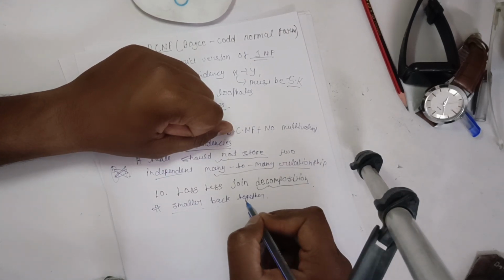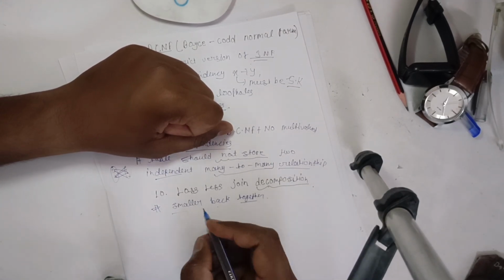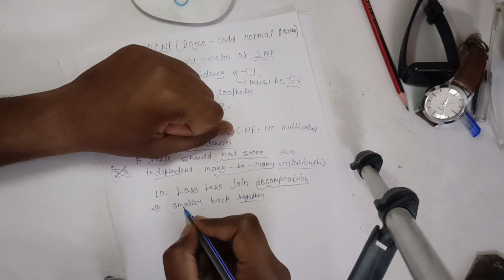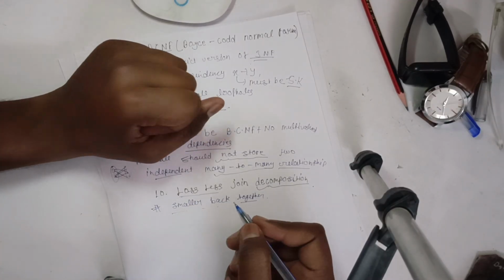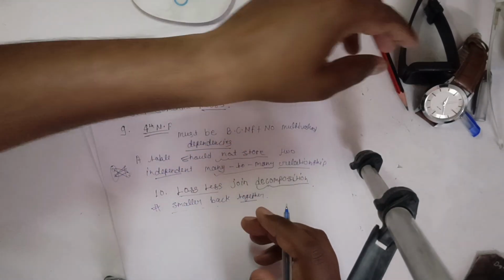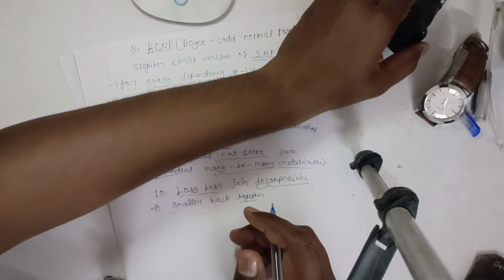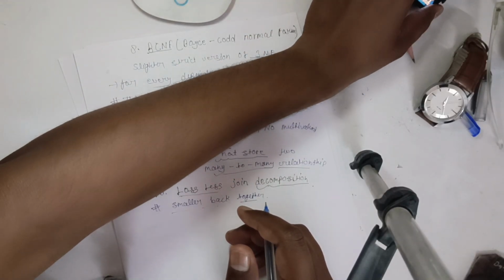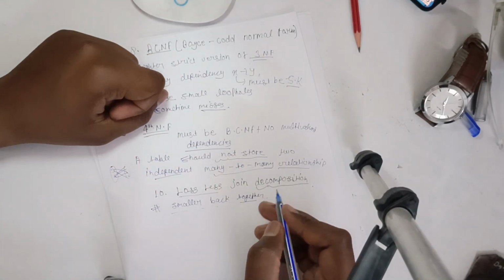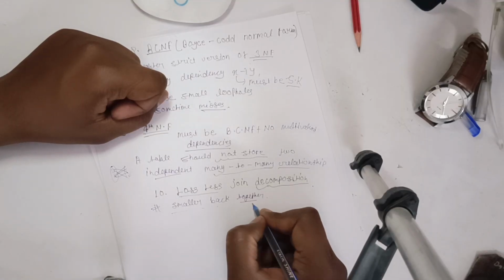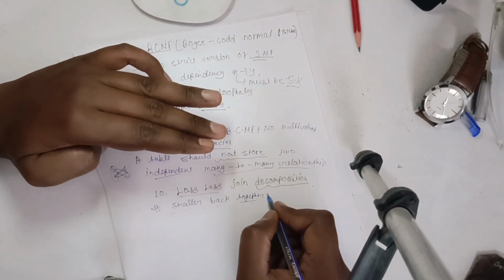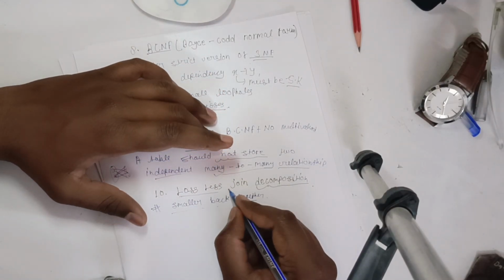Okay, getting my point? Basically, lossless means we do not lose any information after decomposing and joining. What is join?